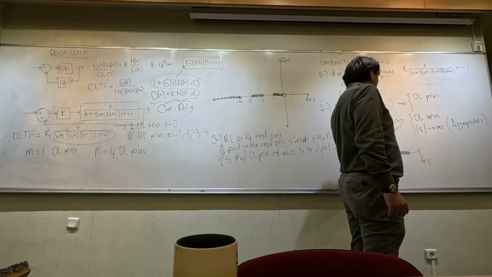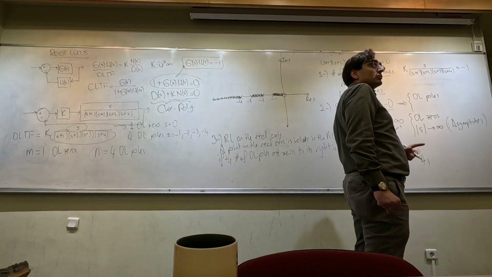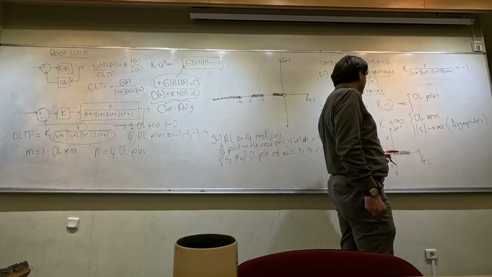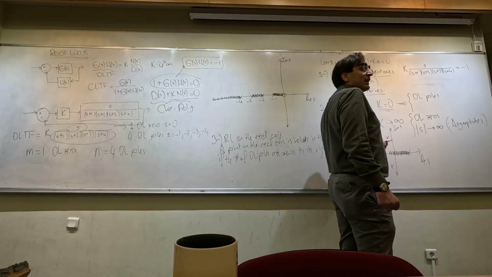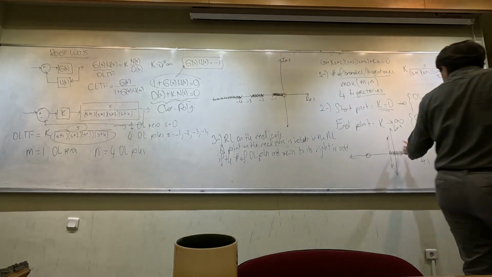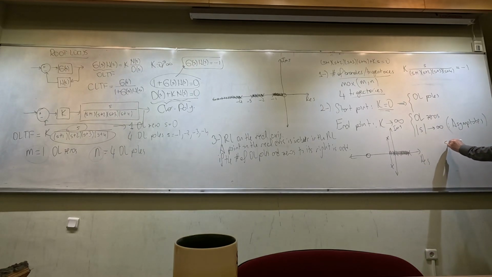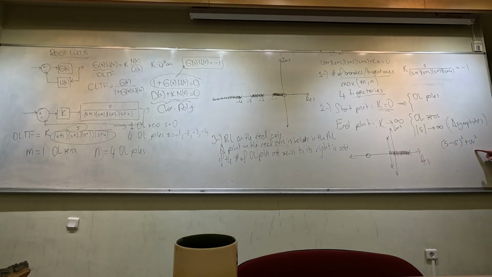So when I come here to these complex open loop poles, do you think they will change anything? They won't affect anything because here we see that these 2 poles would correspond to a polynomial like this, (s minus sigma) squared plus omega squared. These 2 open loop poles would always correspond to a polynomial like this.